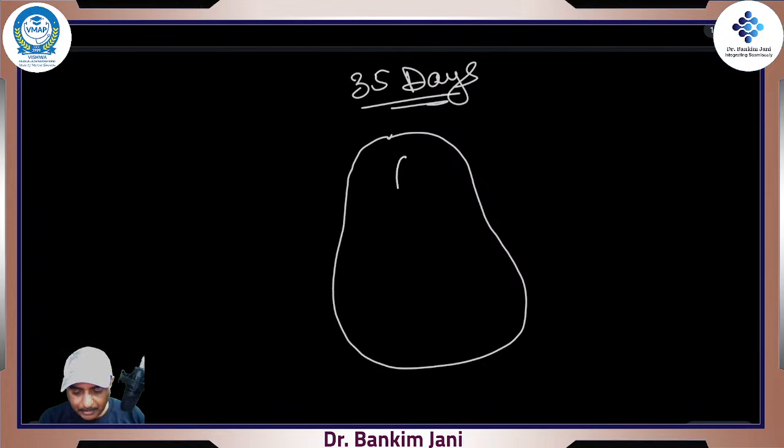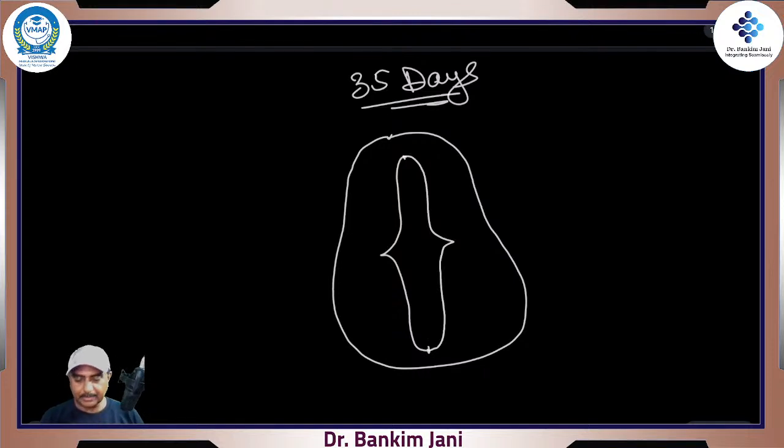This would be the sulcus limitans and the central canal. This sulcus limitans is dividing it into two parts, called the dorsal alar and the ventral basal. In simple words, the dorsal part and the ventral part.